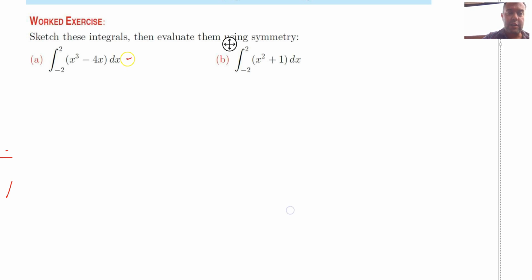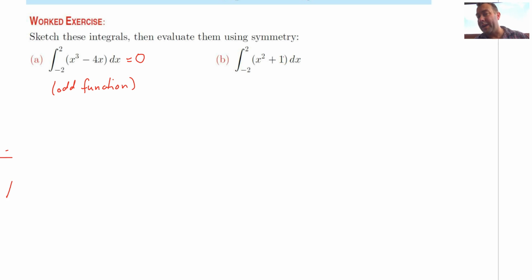I'm just going to say this equals 0 because it's an odd function. Maybe I need to prove it, I don't know. Those two areas are going to cancel each other out. I don't need to do any more work than that, as long as I can recognise that it's an odd function.